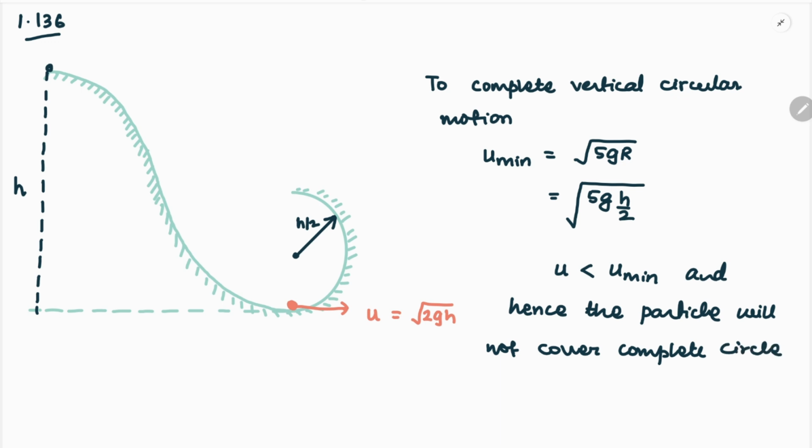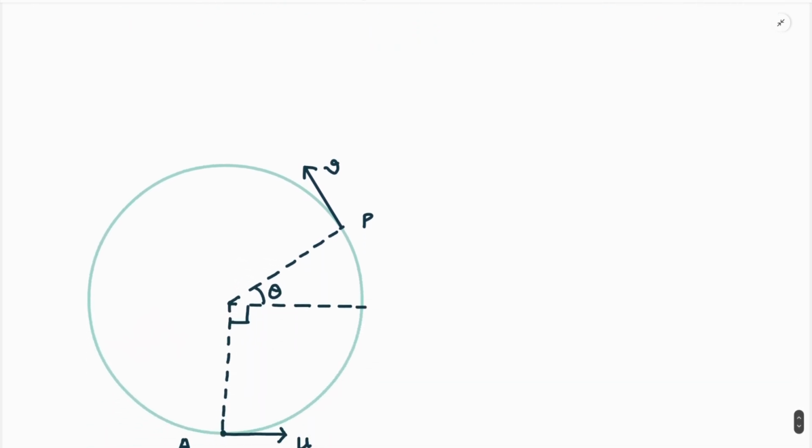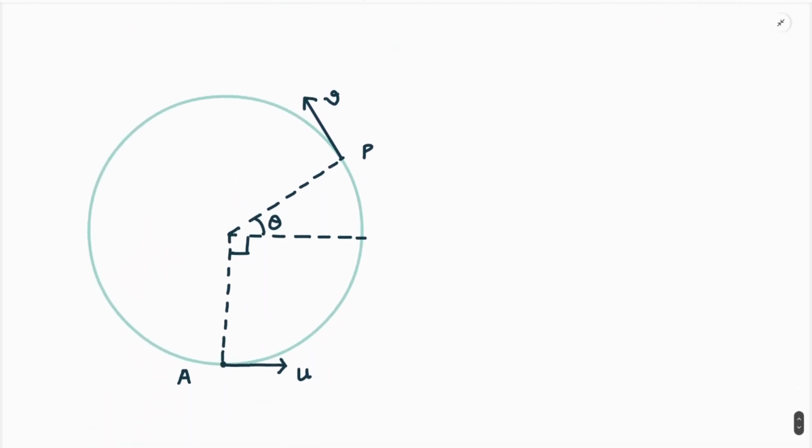So now what is going to happen is, if we consider this one as a point P, at the point P it will break off from this circular trajectory and start moving in a parabolic path, and at the highest point we are supposed to calculate the speed of the particle. So in order to begin understanding this, let us move to another diagram that we have.